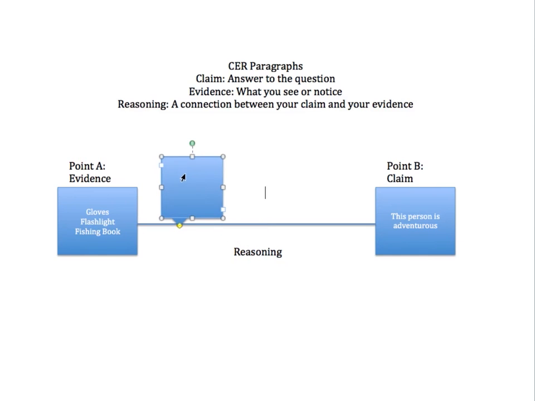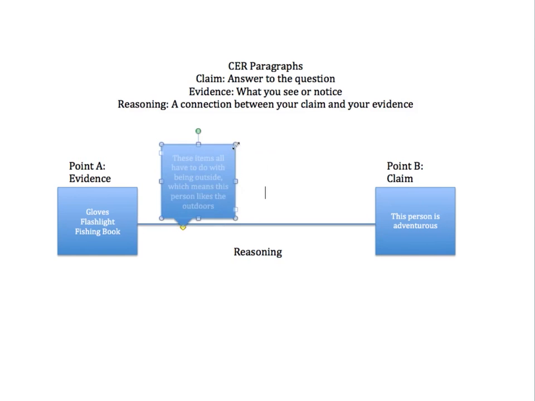Okay, so I'm going to start by just describing my evidence. The best way to start your reasoning is to just start off by describing your evidence. Okay, so I might say, these items all have to do with being outside, which means this person likes the outdoors.